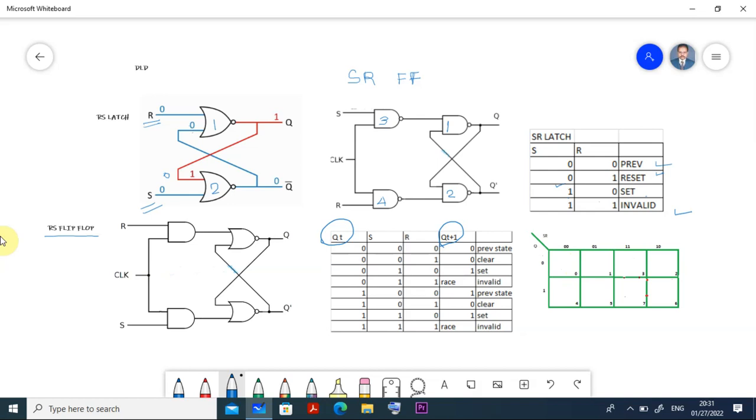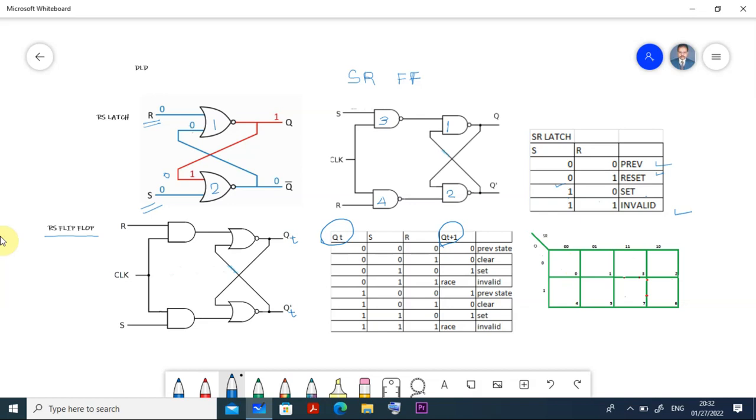In the first case, suppose Qt means the output of the Q here. This Q value I call Qt, T for time. This is Qt bar. That means the next Qt value will be Qt plus 1. Suppose I am taking Qt equal to 0.